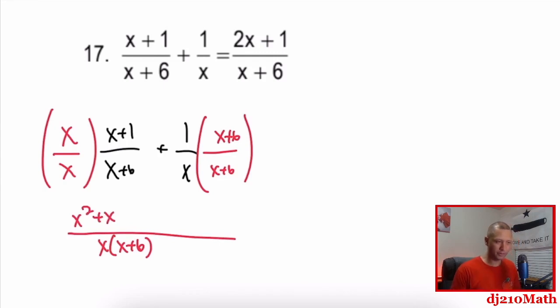I'm distributing mentally now, plus x plus 6. And so combining like terms, we're actually going to get x squared plus 2x plus 6. That's combining the x's.